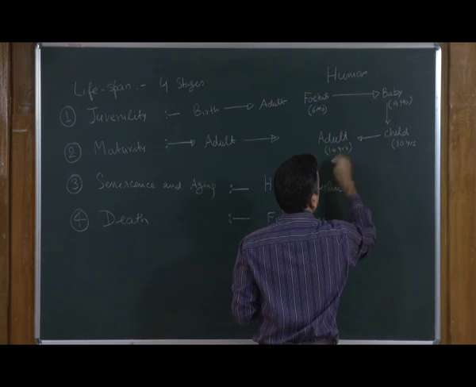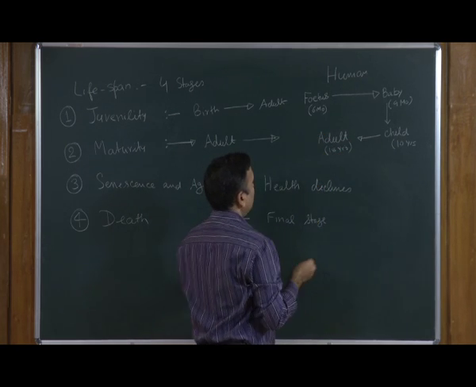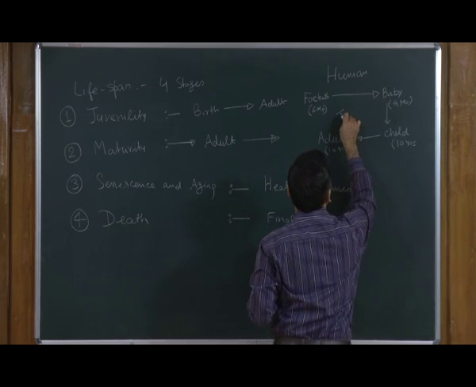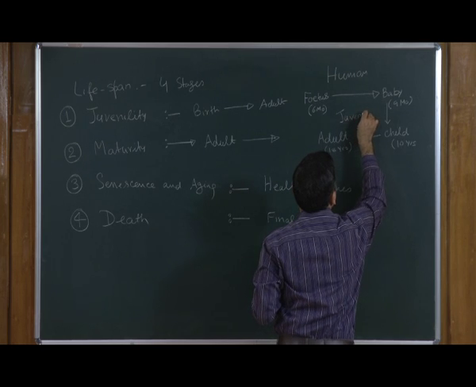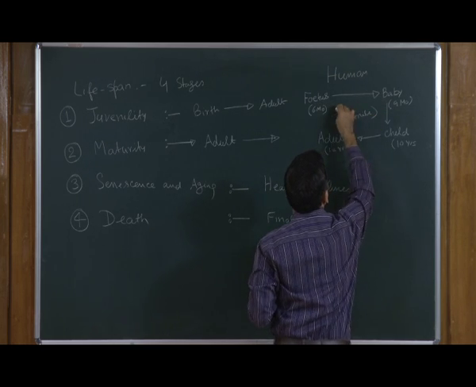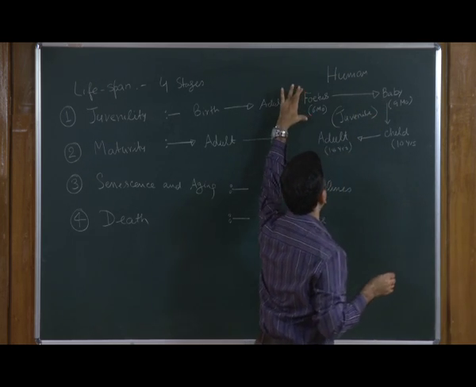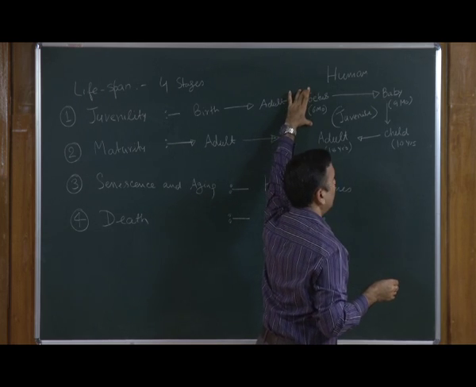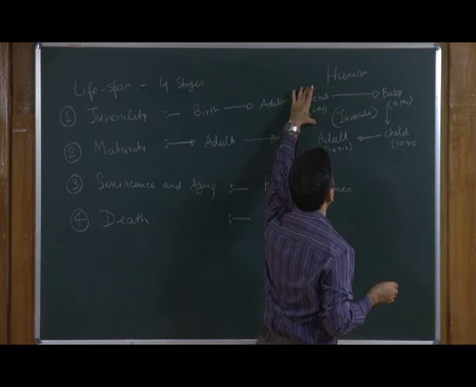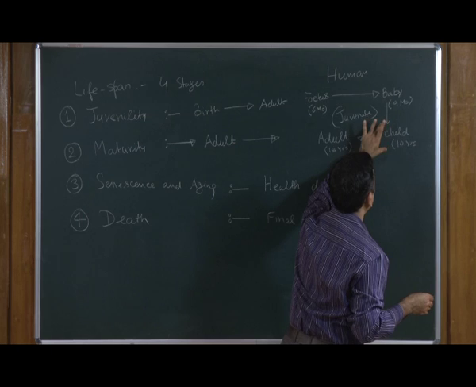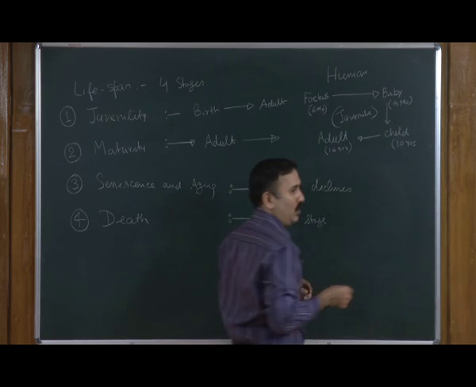Okay. And this is the juvenile phase, where a baby or fetus is developed in the womb of a woman, and then it grows to a baby, becomes a child, becomes an adult human being.